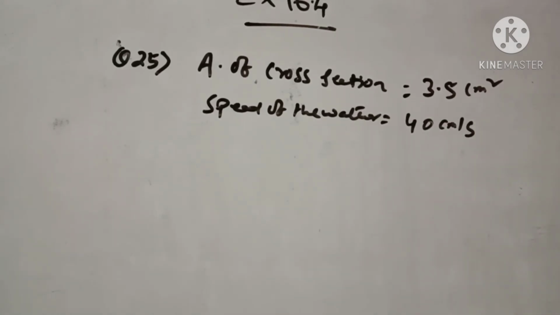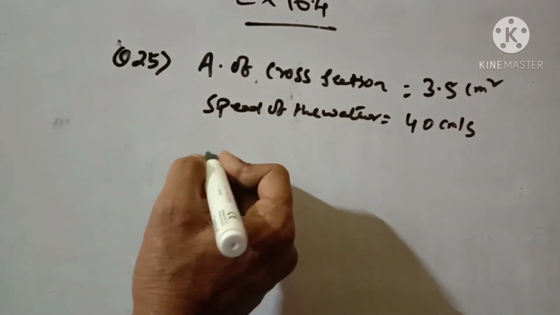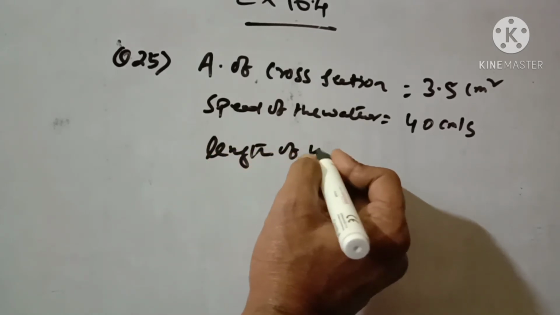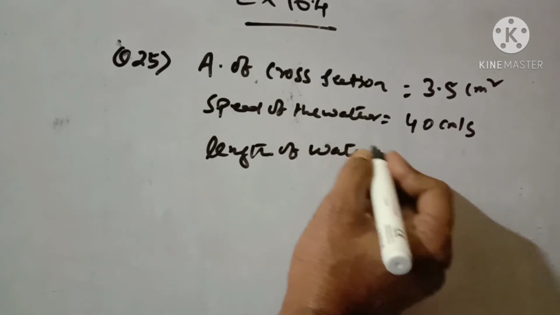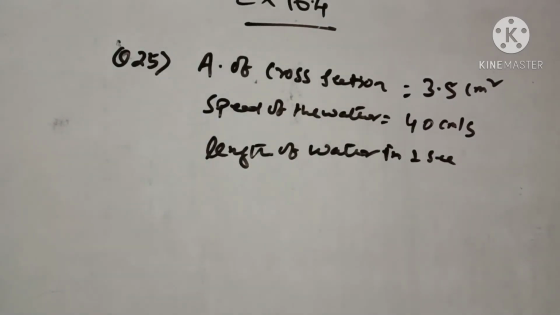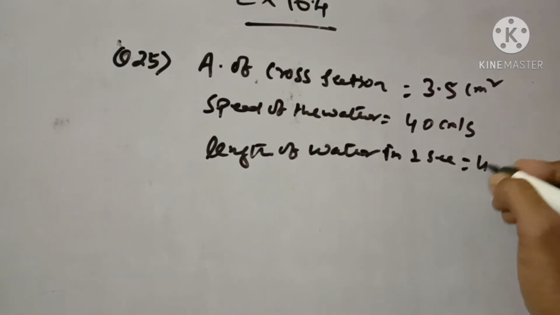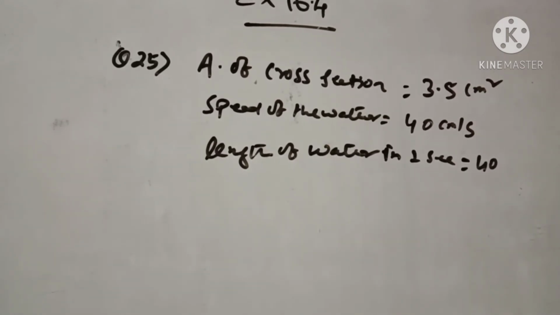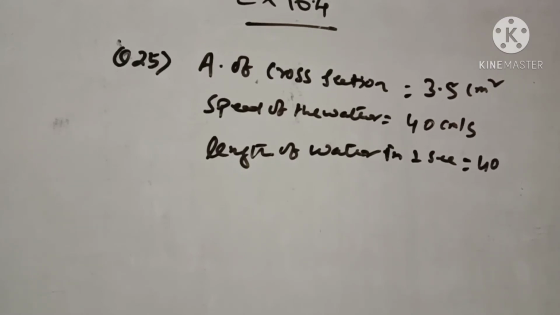Now the length of the water column in 1 second, it will be what? Length of water in 1 second is 40 centimeter.